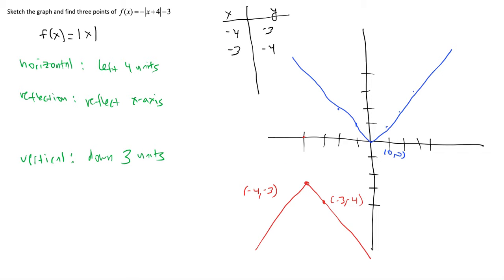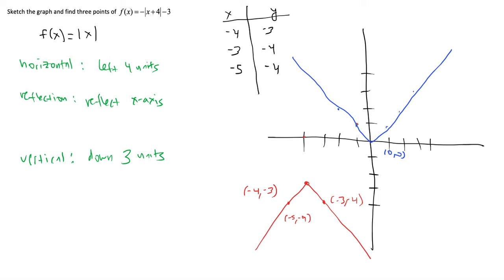And similarly, when x is negative 5, right? Negative 5 plus 4 is negative 1, but the absolute value of that is positive 1. But then we multiply that by negative, that becomes negative 1 minus 3, which is negative 4. So that will be this point right here, right? Negative 5, comma, negative 4. So essentially, these 2 points, right?